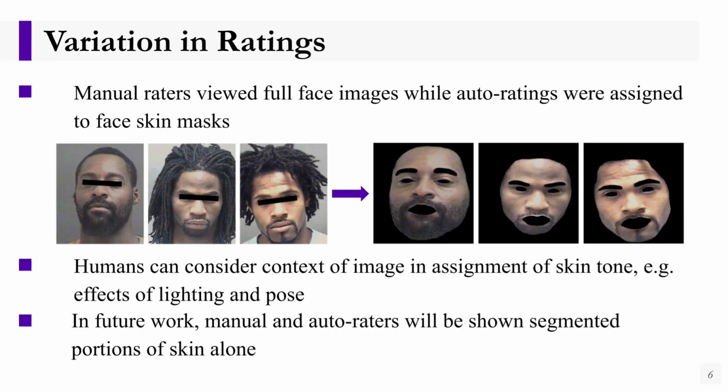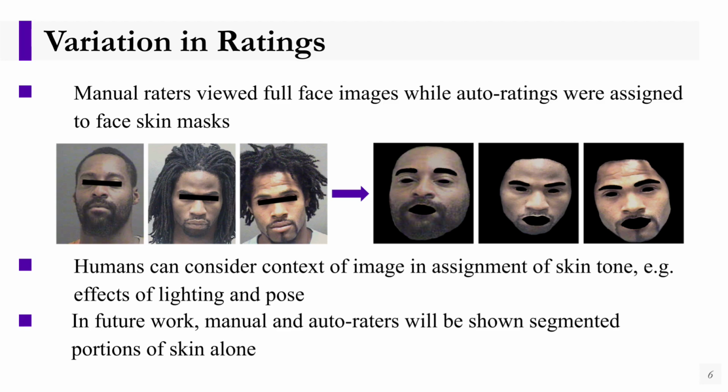What are the reasons for the variation in automated and manual ratings? Well, manual raters viewed full face images, as shown on the left, while the automated rating system only assigned ratings to the face skin masks. We postulate that humans can consider the context of an image when assigning a skin tone. That is, they can see visible areas of highlight on the face or shadows and consider how a person's pose might affect what their skin type appears to be in an image.